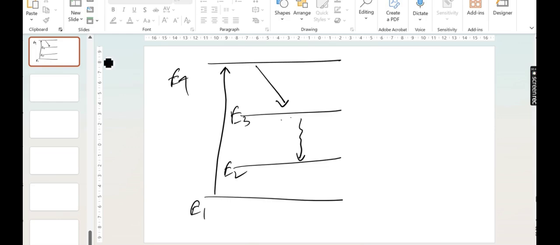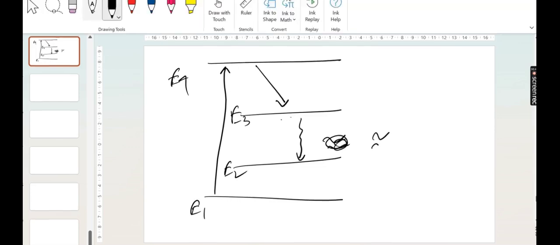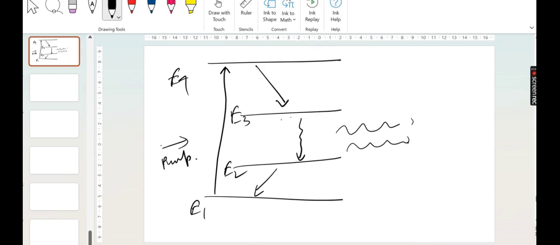This is the lasing transition that happens here, and this is another non-radiative transition. This is the pump. So here atoms from level 1 are pumped to level 4, then they make a first non-radiative relaxation.